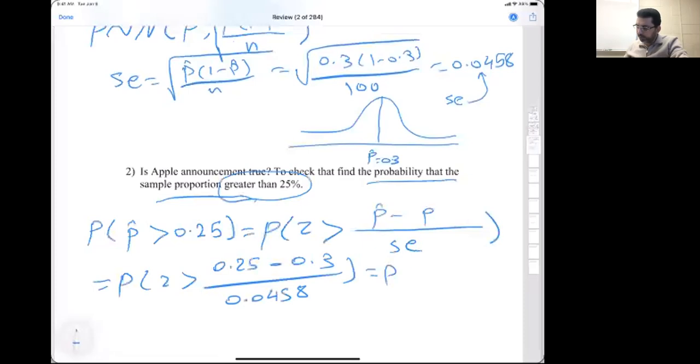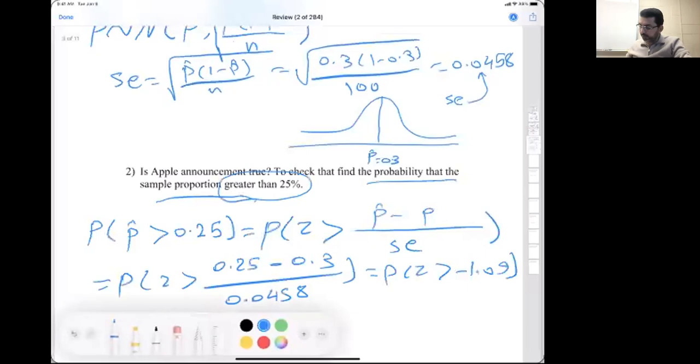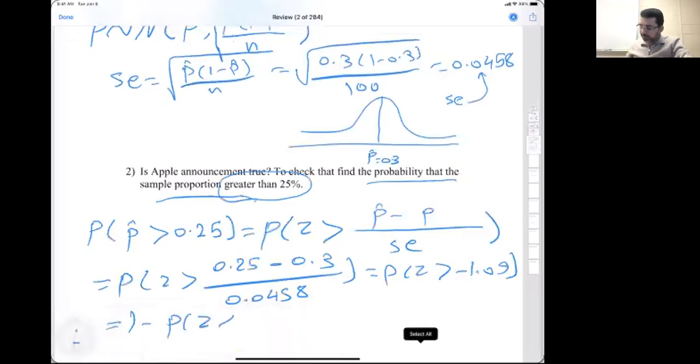So we need to find the probability that z is greater than negative 1.09. Don't forget that this is greater than, so we use the complement rule: 1 minus the probability that z is less than negative 1.09.